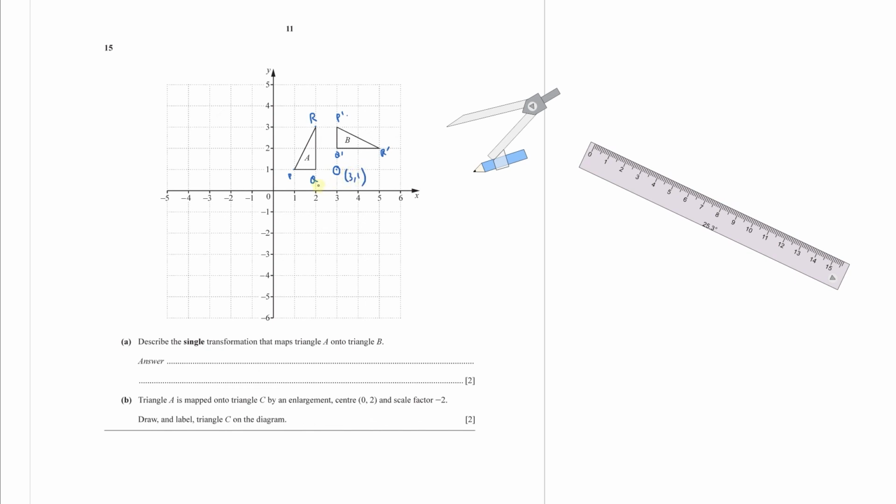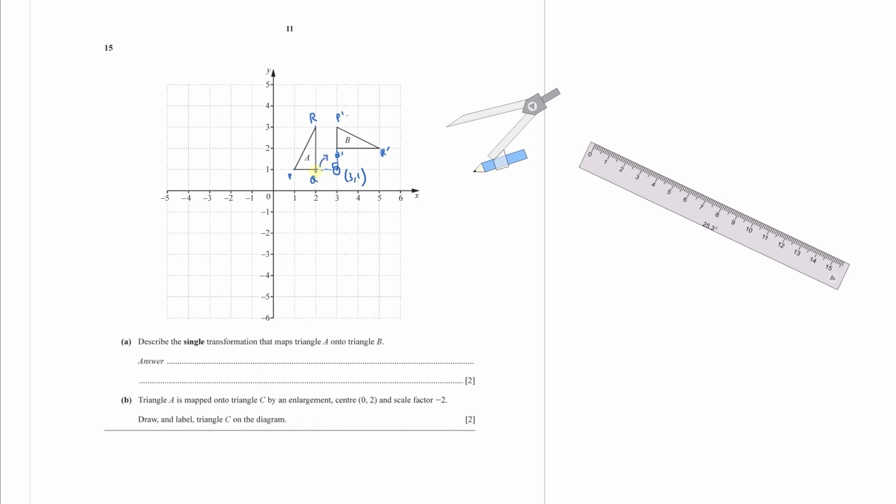Now to calculate the angle of rotation, you can simply connect any two corresponding points from triangle A and B and see what's the angle between the two lines. So let's say I take this point Q, connect it to the center of rotation, and then I take Q prime and connect it to the center of rotation. I know that this makes a 90-degree angle. So this Q went 90 degrees in this direction.